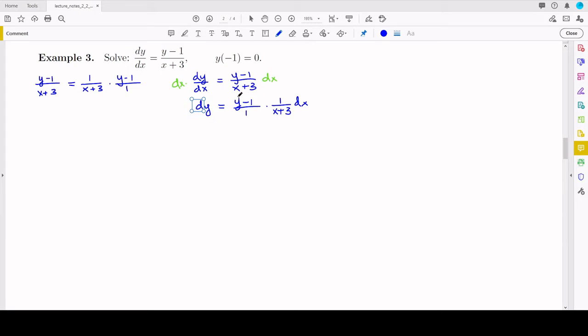I want to get rid of the y on the side where I have my dx, so I'm going to multiply both sides by 1 over (y minus 1).